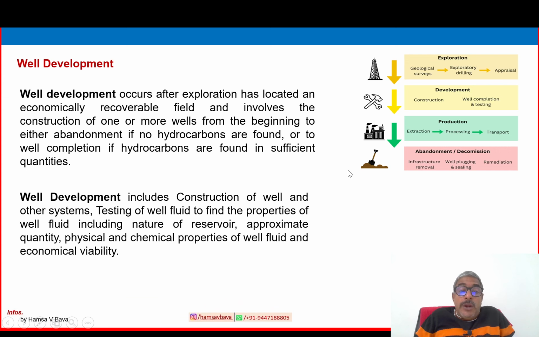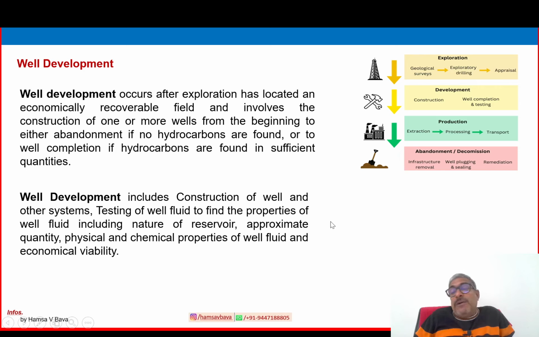Well development includes construction of the well and other systems, and testing of well fluid to find out the properties of the well fluid, including the nature of the reservoir, approximate quantity, physical and chemical properties of the well fluid, and economic viability. So these are all included in the primary stage of well development. Drilling is finished, the seismic survey is finished.